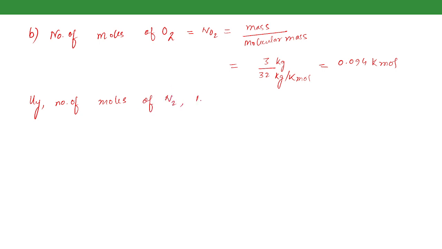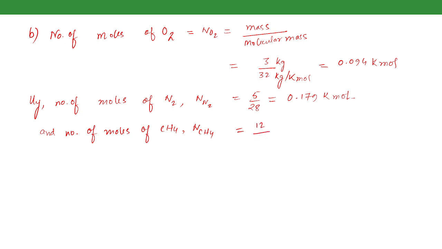Similarly, the number of moles of nitrogen, N of N2, is equal to 5 by 28, that is 0.179 kilomole. And the number of moles of methane, N of CH4, is equal to 12 by 16.